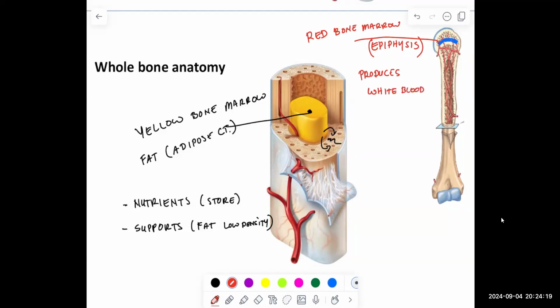It produces platelets and red blood cells. It'll produce them all, not just red. Okay, it is red because most of the blood cells are red blood cells, but it produces them all.